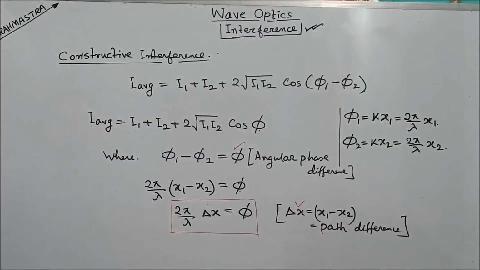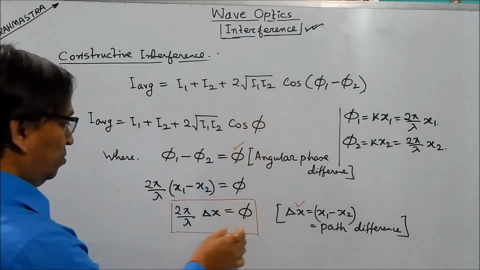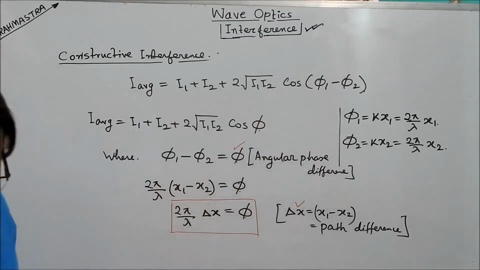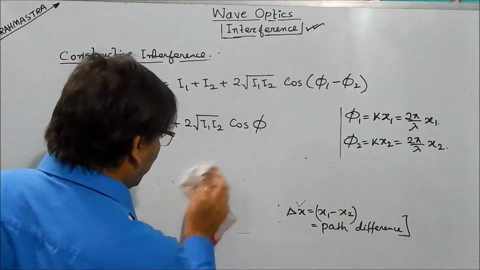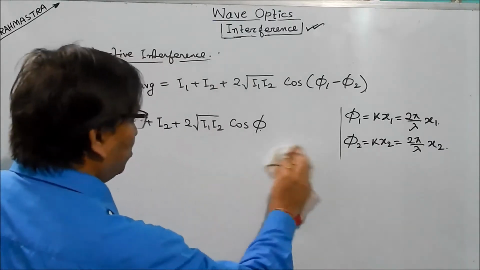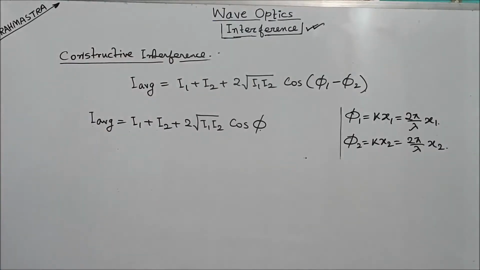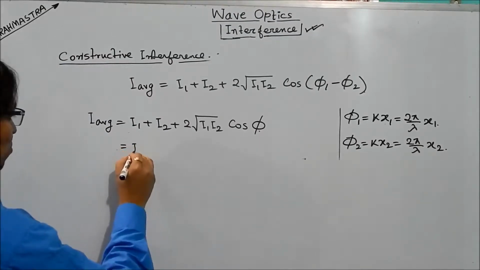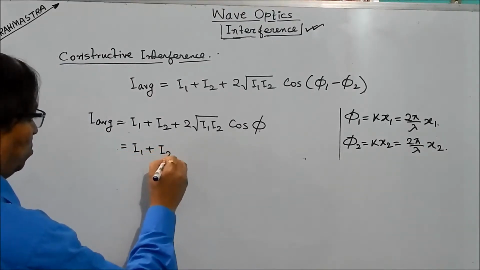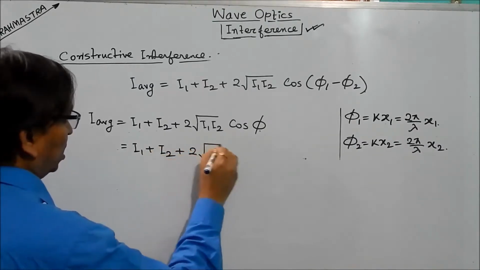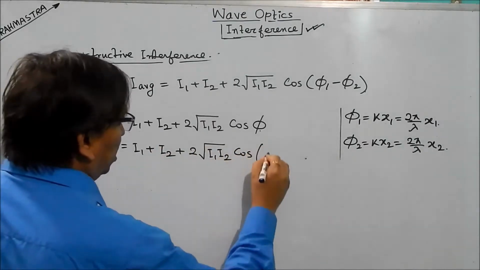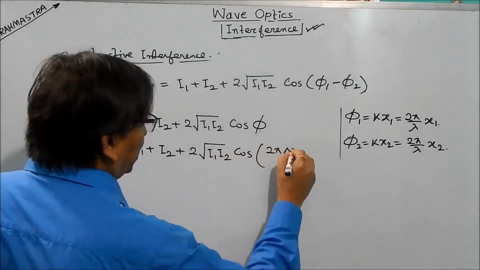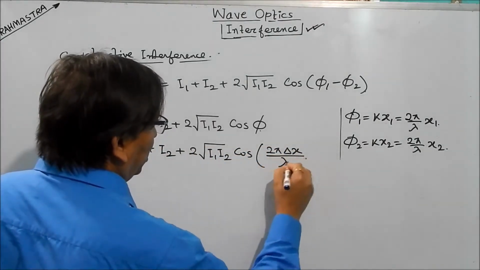So if I replace this phi with this quantity, then our relation will be like this: I average equal to I1 plus I2 plus 2 root under I1 I2, and this will be cos of 2 pi delta x by lambda.